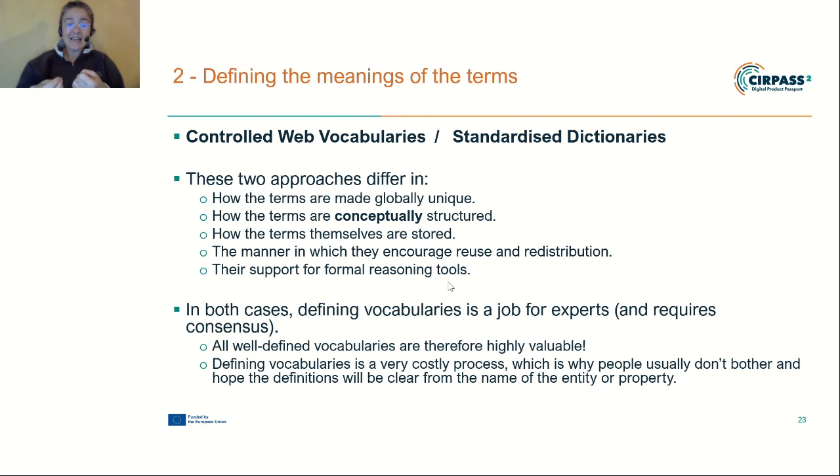Any existing and well defined vocabulary is therefore a very valuable tool. And it's because defining vocabularies is a very costly process that most people don't bother, and they really hope that the definition will be clear from the name of the entity or the property.